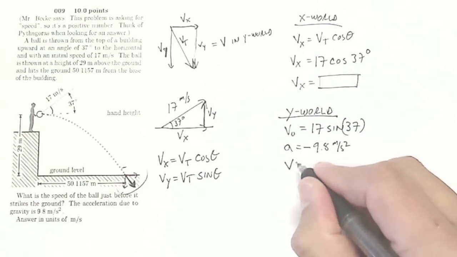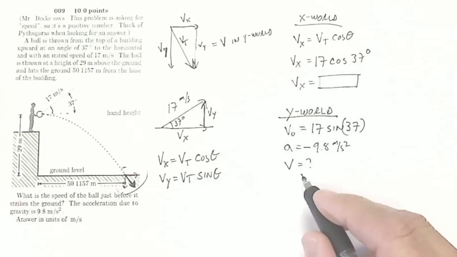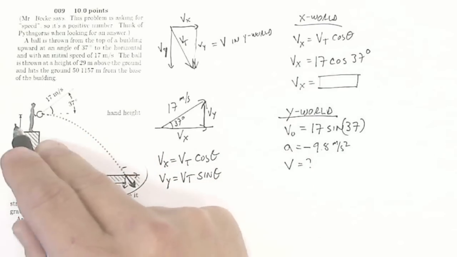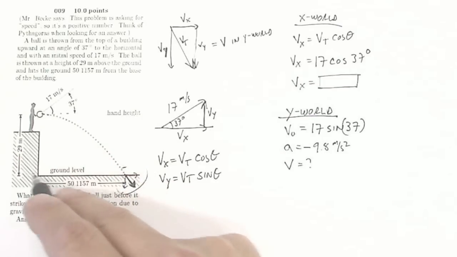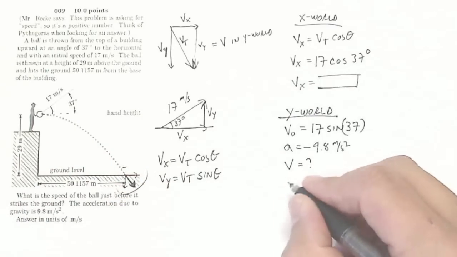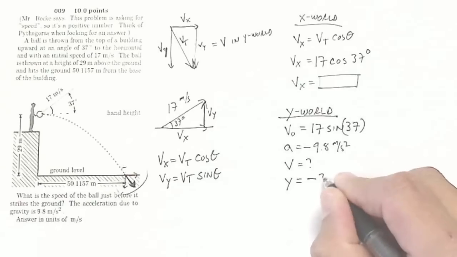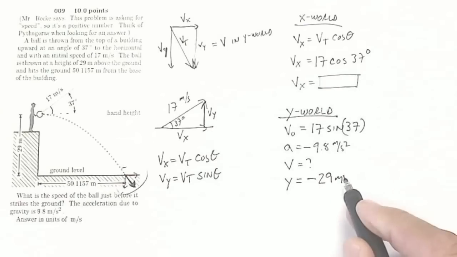I'm looking for my final velocity, and I need one more variable, and the variable that I could use here is this height, 29 meters. I know the ball will wind up down 29 meters at the time it hits the ground, so I know that my displacement is going to be negative 29 meters.